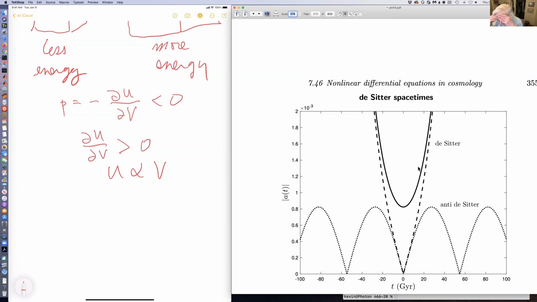But anyway, what's interesting about these is that the actual universe now is kind of de Sitter in that dark energy is 70% of the energy density. And so we're out here at, say, 14 billion years, so we're kind of here.